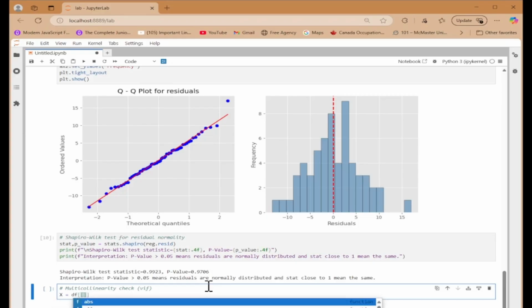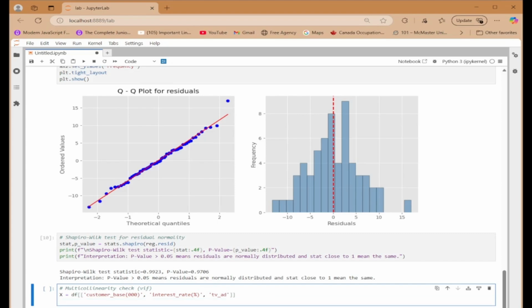Let's summon all the predictor variables: customer base 000, comma, interest rate percent, comma, PV add. Okay, those were the 3 predictors, because we check multicollinearity among the predictors.